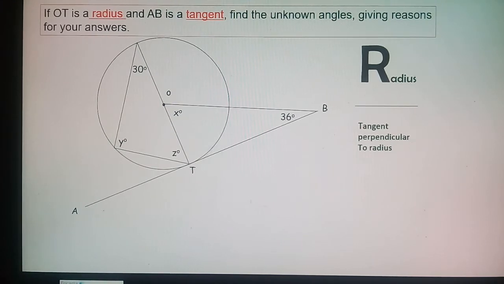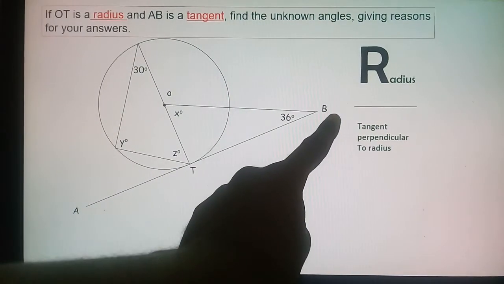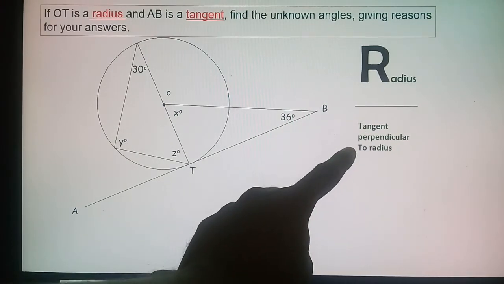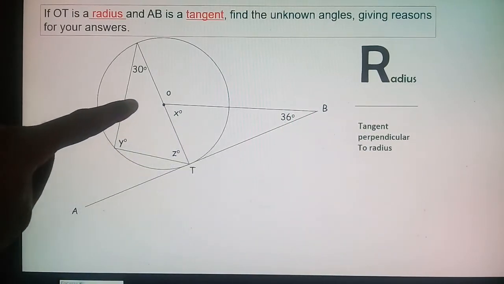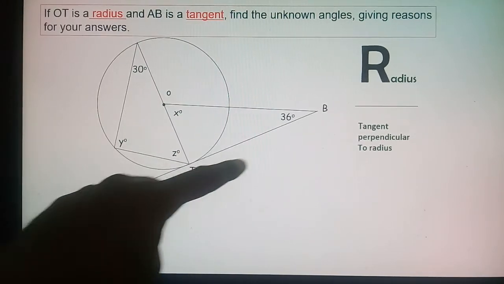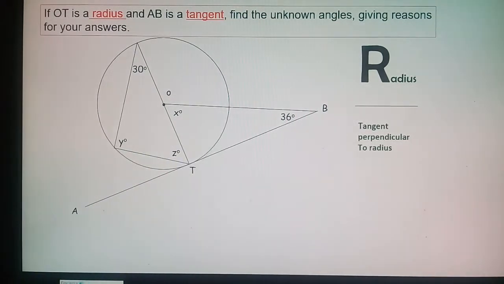It means if we have our radius OT and our tangent AB, here we have an angle that is perpendicular. It means that angle equals 90.